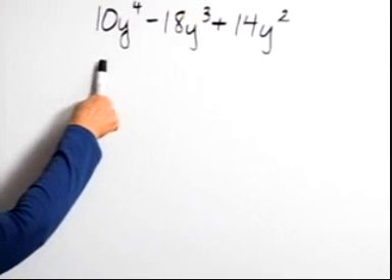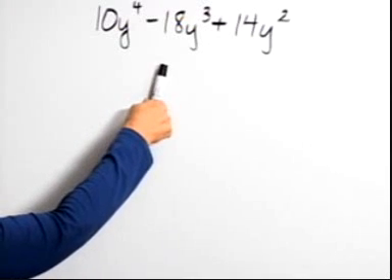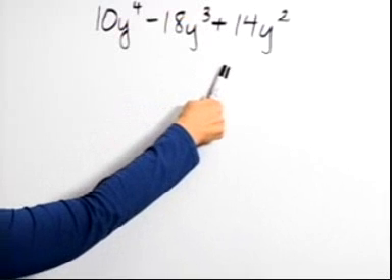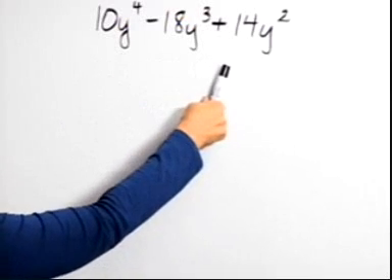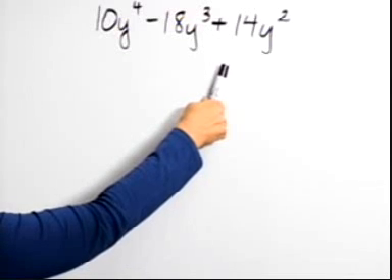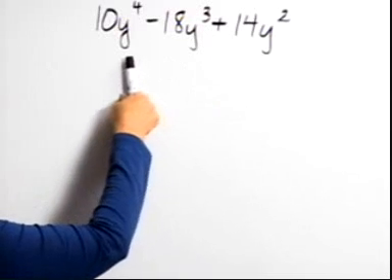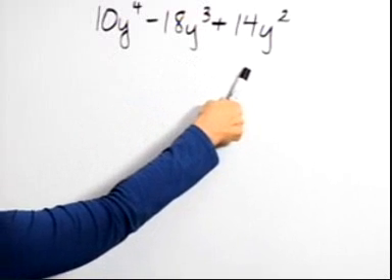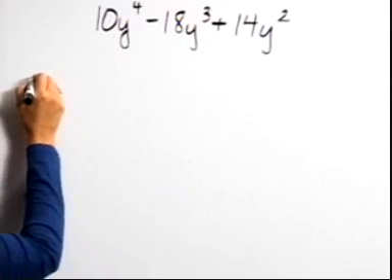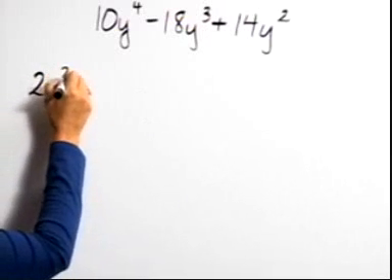Factor 10y to the fourth minus 18y to the third plus 14y squared. Think of a number that divides evenly into 10, 18, and 14, and the greatest common factor of y to the fourth, y to the third, and y squared. That would be 2y squared.